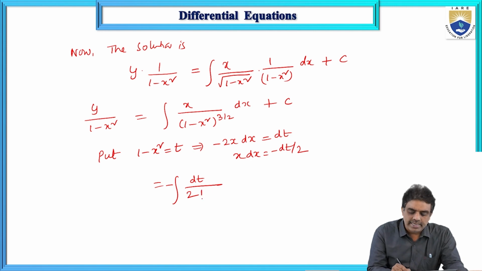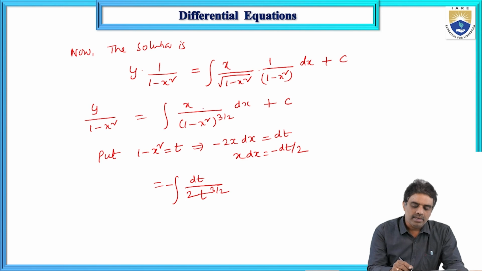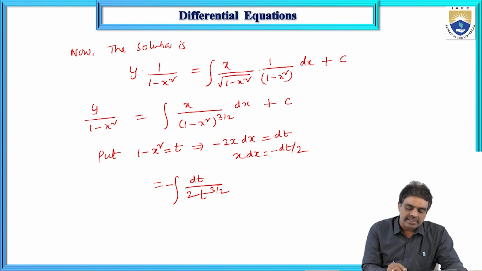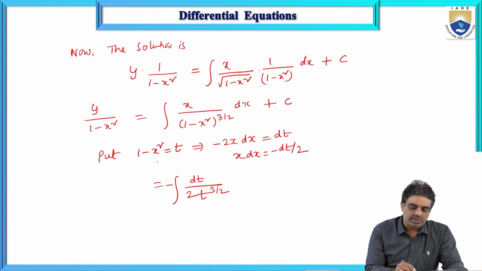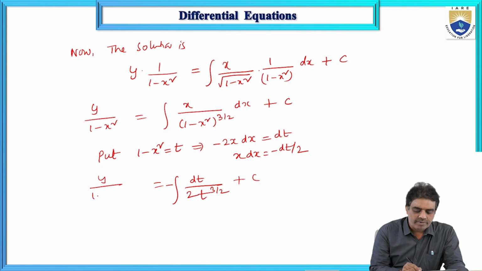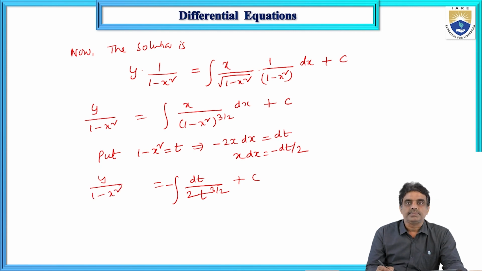In the denominator, 1 minus x square is replaced by t, whole power 3 by 2, plus c. On the left hand side, y by 1 minus x square.